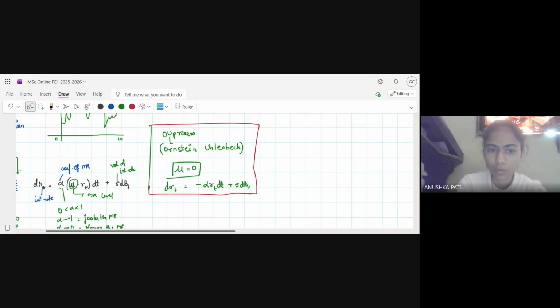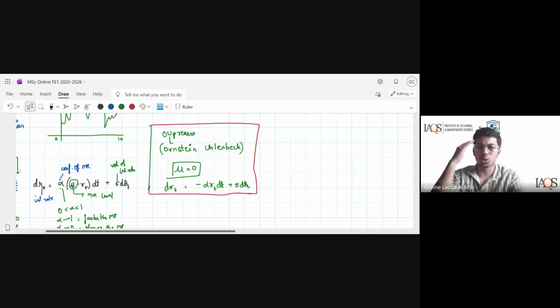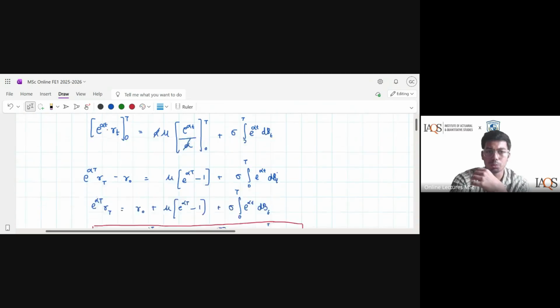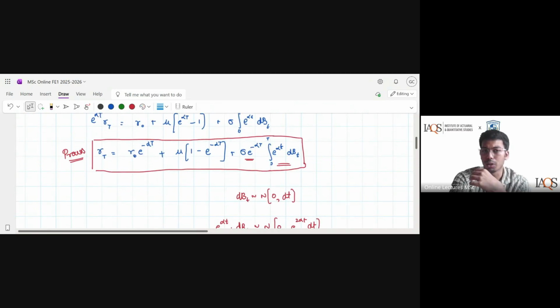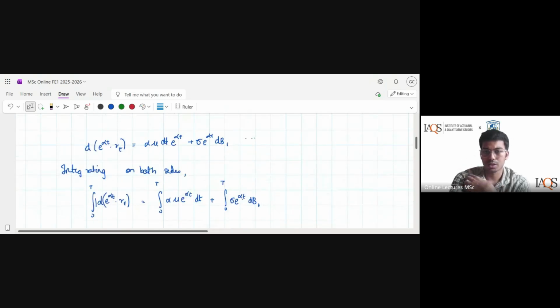So we have to take mu as 0 and work out the solution ourselves, if you want, otherwise it's going to be the same. The final answer will also be the same, just this mu term will be equal to 0. So this term won't be there in your answer. That will be the only difference.